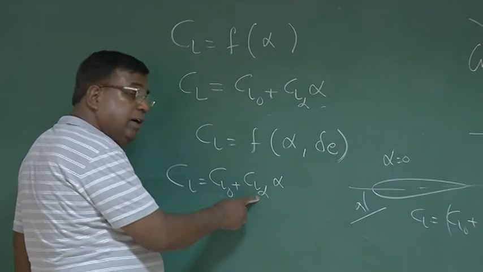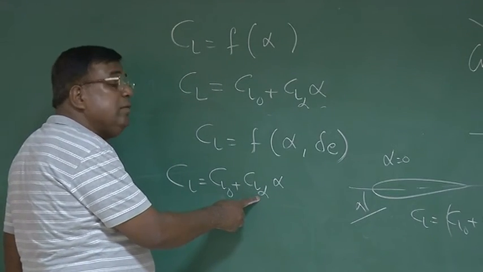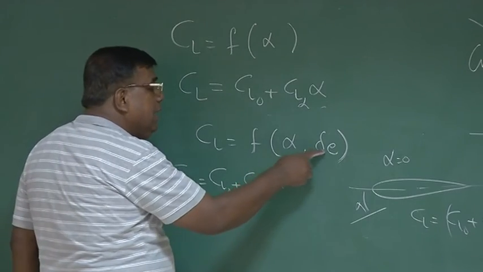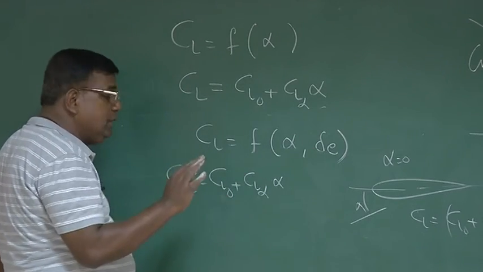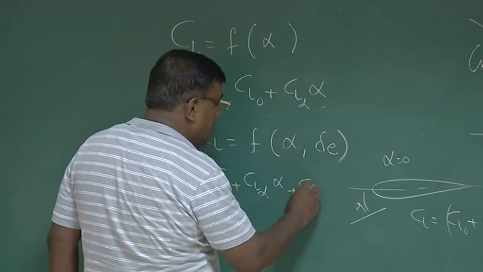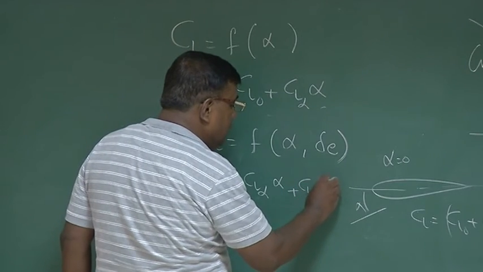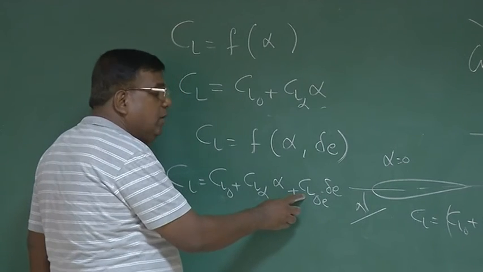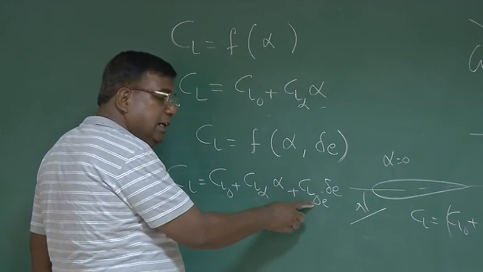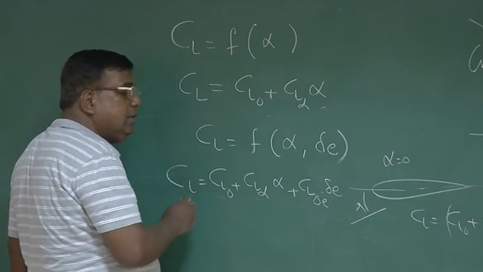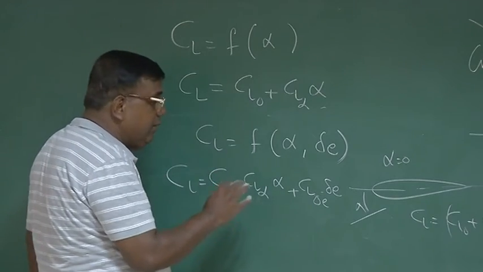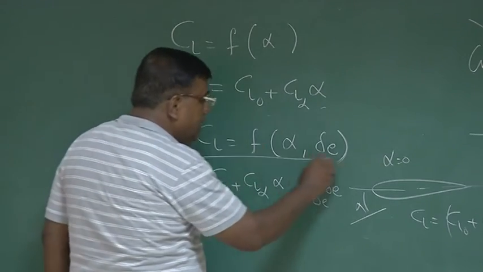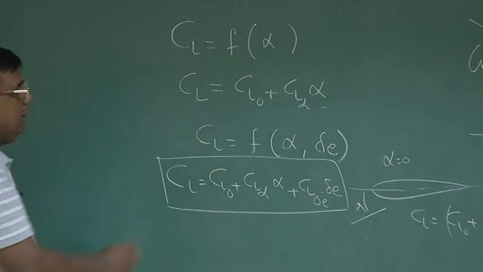That is, CL alpha is the per unit change in CL because of alpha, holding elevator and other things constant. Then I say, okay, add CL delta E into delta E. CL delta E means how much change in CL because of unit deflection of delta E, holding other things constant, no change in alpha. So this will give me a description of CL.